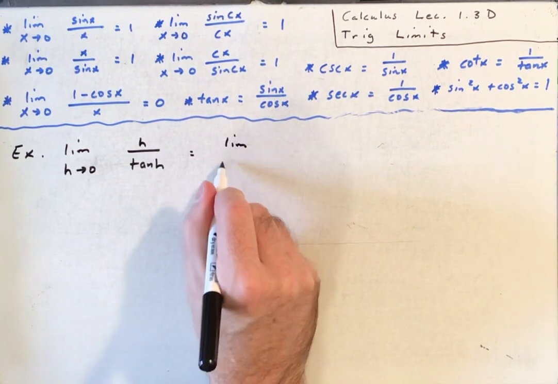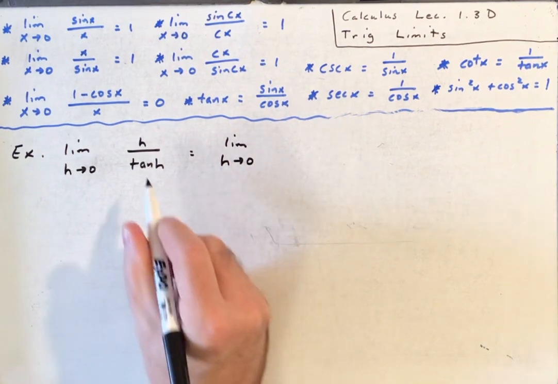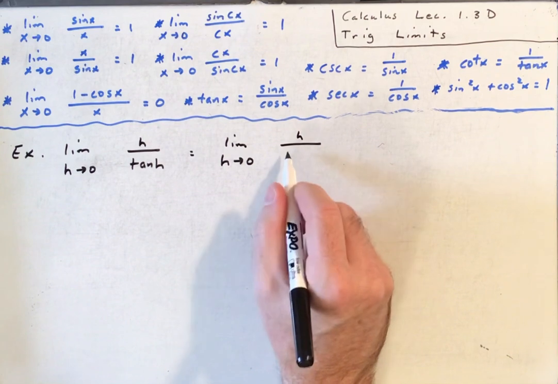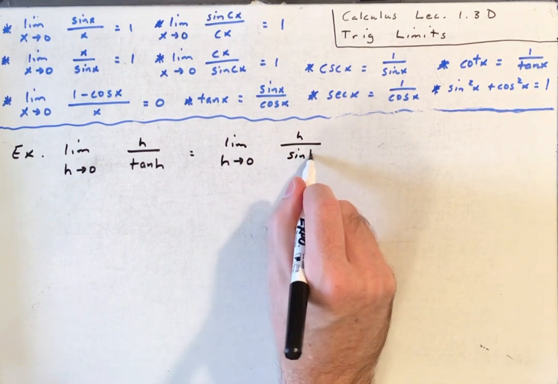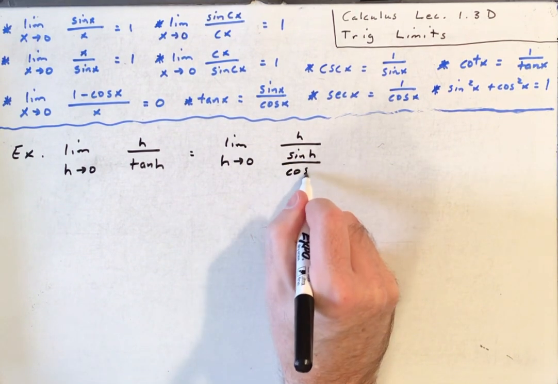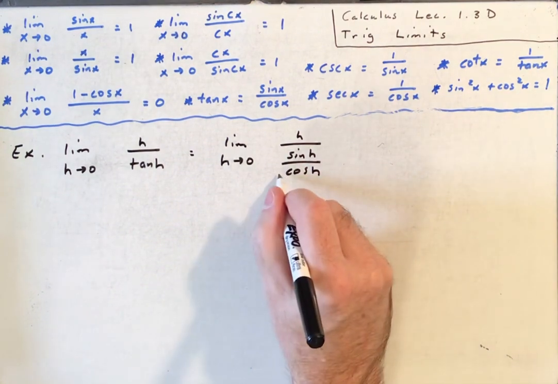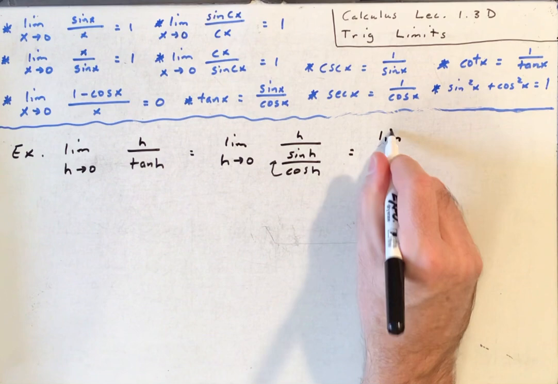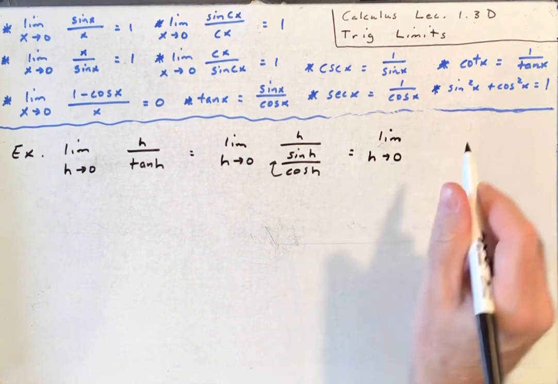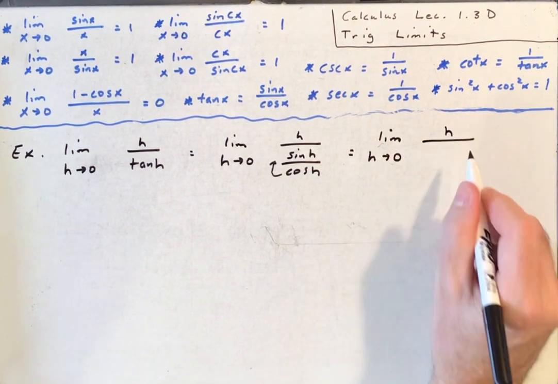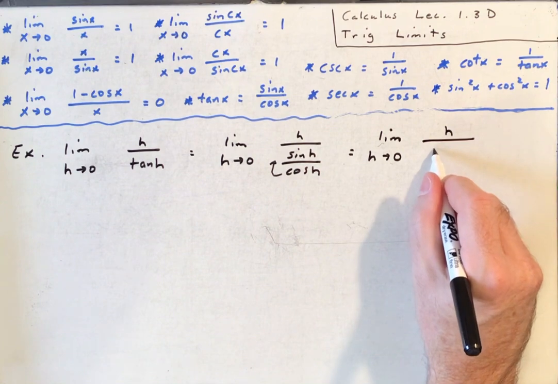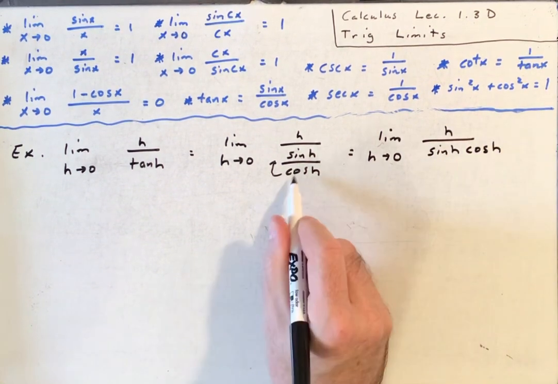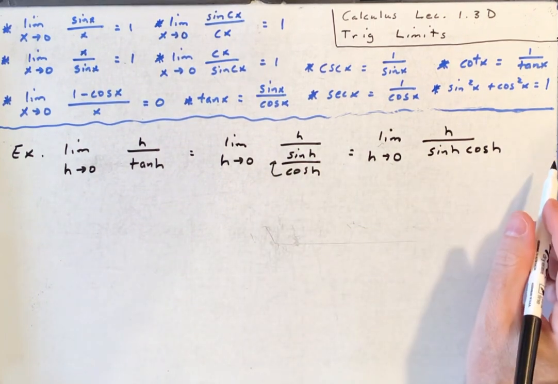Of course, that'd be 0 over 0. Let's change the tangent to sine over cosine. And now you can bring that cosine up a level. So that's the limit as h approaches 0 of h over sine h cosine h. I just brought that cosine h up, I wrote sine first.